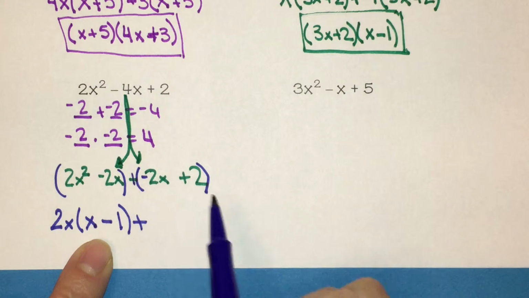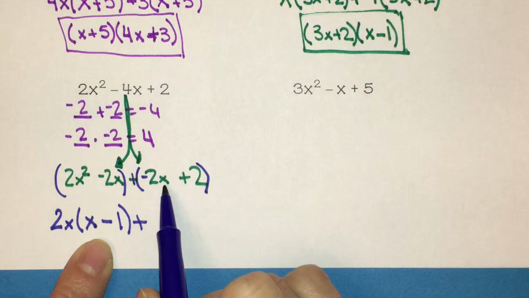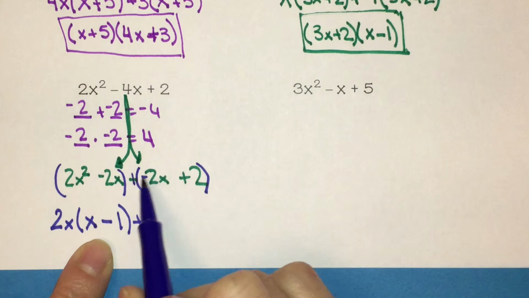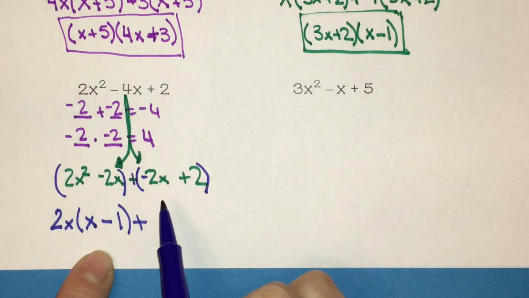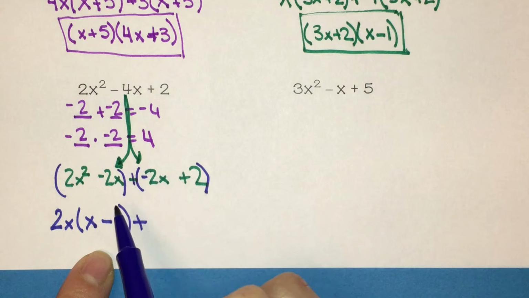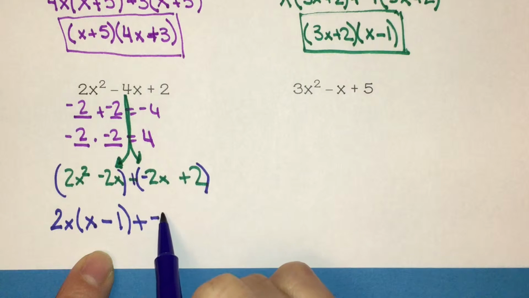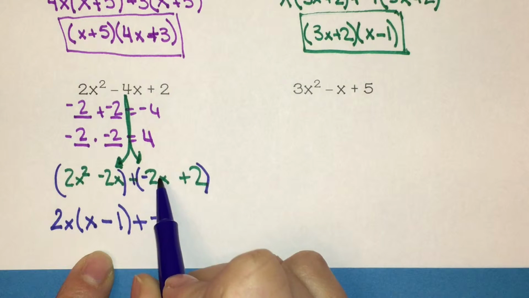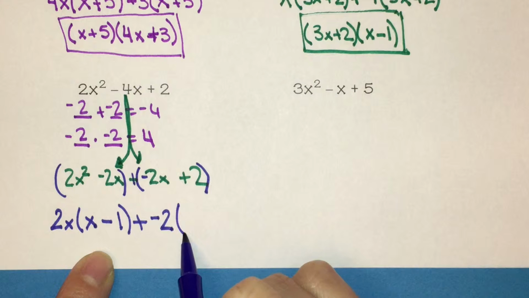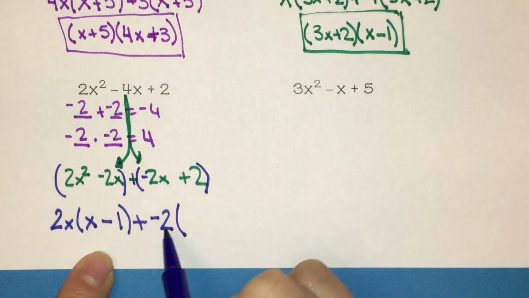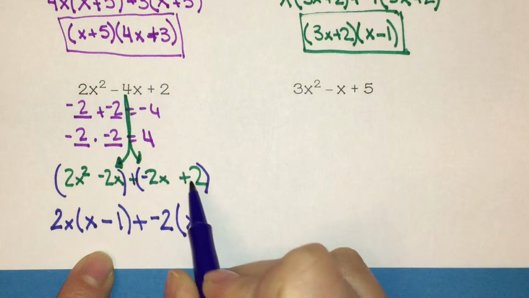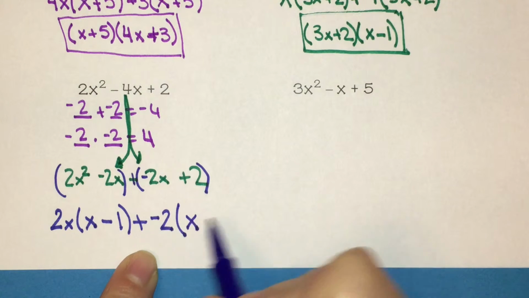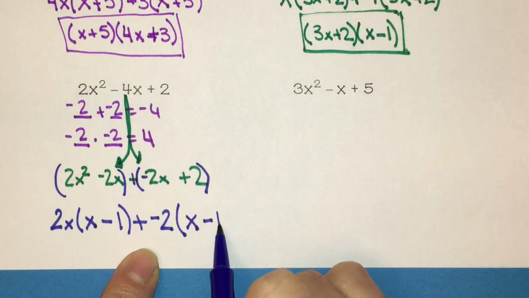Okay, I know that this first, right here, I have a negative 2x. I don't want that to be negative because my x here has to be positive. So what I can factor out is a negative 2, and that will leave my x value positive. Negative 2x divided by negative 2 is positive 1x or positive x. Positive 2 divided by negative 2 is negative 1.